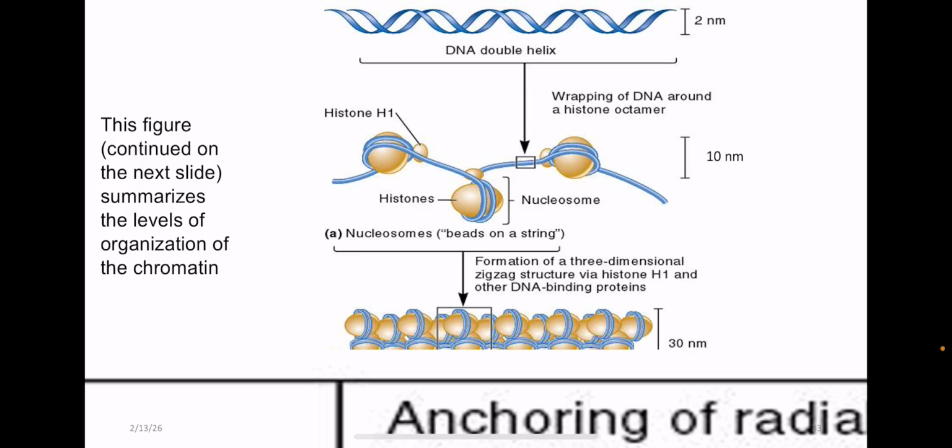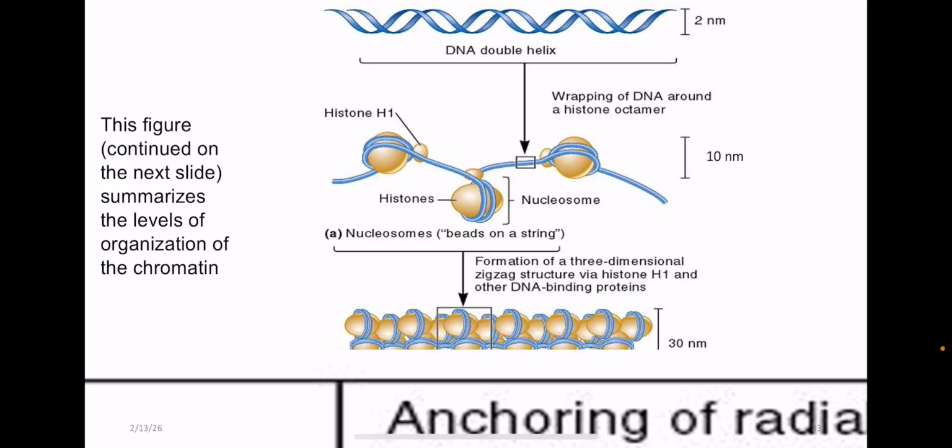They don't go further, but for further compaction, we will fold the 300 nanometer into a 700 nanometer chromatin. Then two sister chromatids will come together to form your chromosome, and that chromosome is said to have a thickness of 1400, because two 700s come together to form 1400.